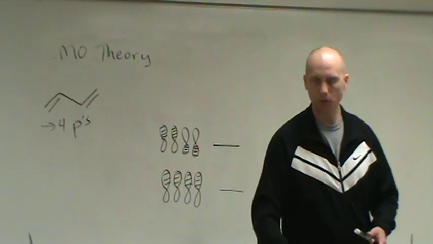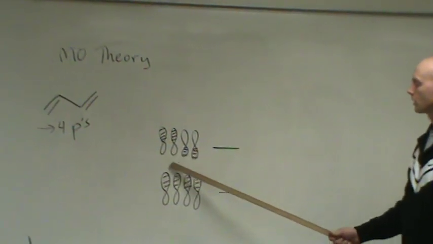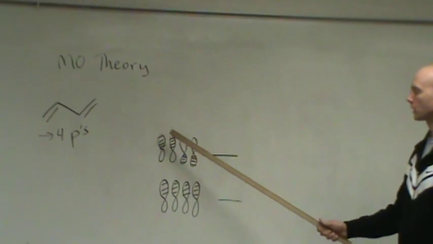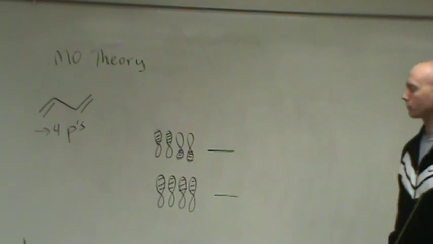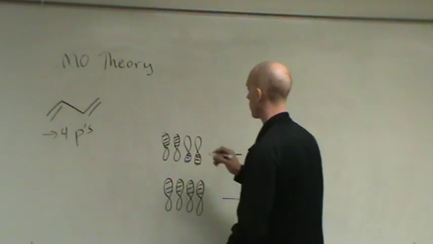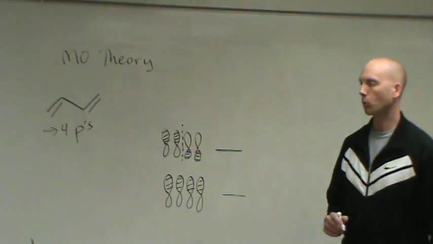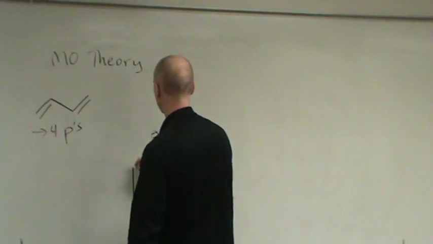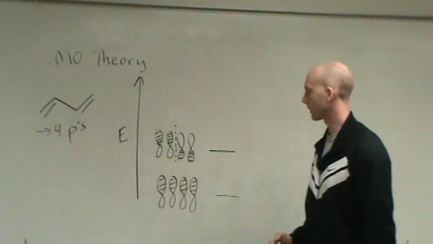And a way to do that is to have the 2 internal ones overlapping out of phase, but the external ones both overlapping in phase. Okay? So we've created one node, and that one node has cost us some energy here.